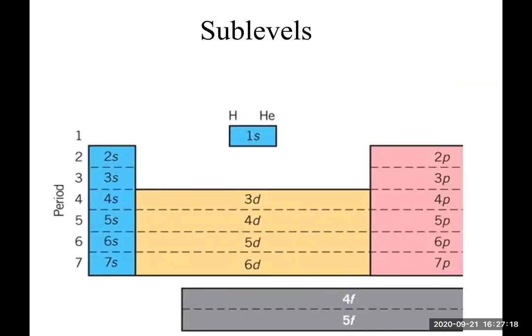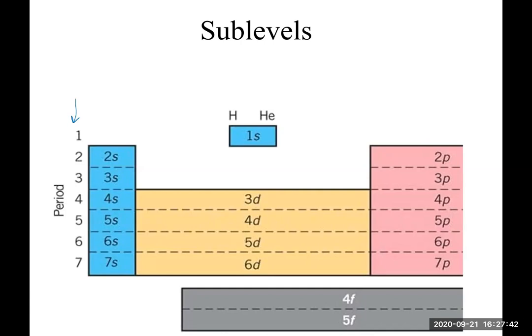If we look at the periodic table in terms of the shell numbers, which are given here, and in terms of the S, P, D, and F blocks, now we have all of the shells and the subshells together, and this is how the periodic table is arranged.